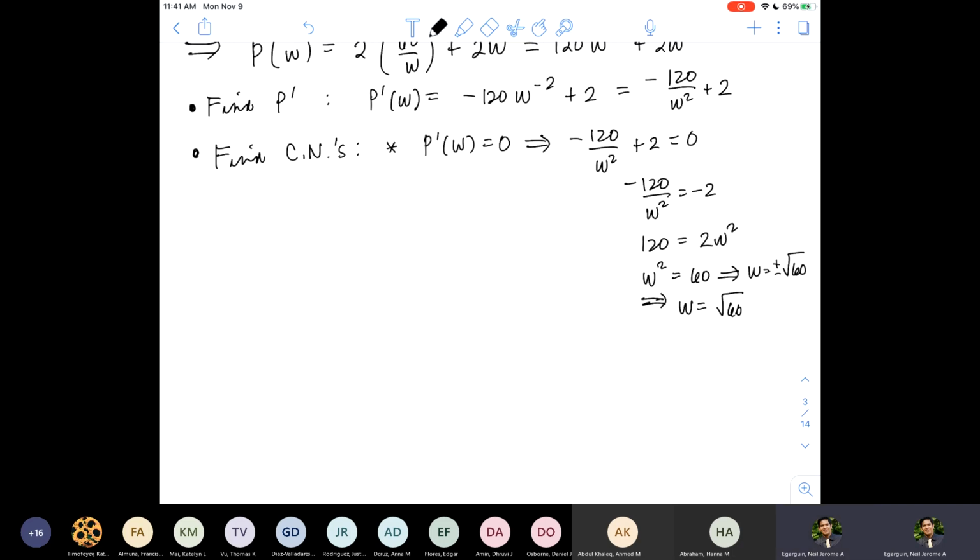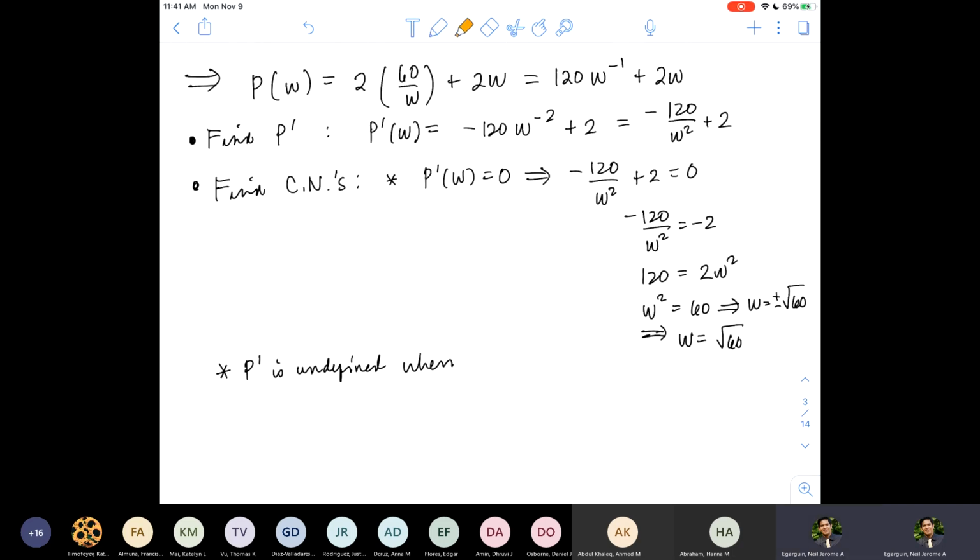Now the other source of critical numbers, just to remind you guys, is when P prime is undefined. If you look at P prime, it would be undefined when W is equal to 0. So W equals 0 might be a critical number, but a quick check: does W equals 0 make sense insofar as the problem is concerned?